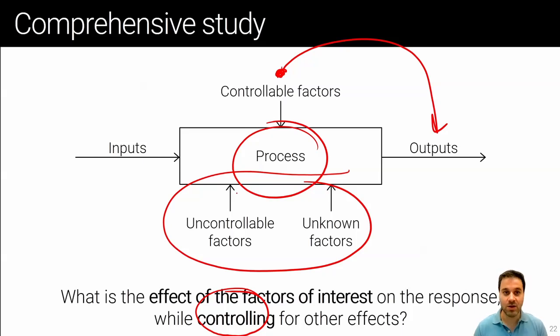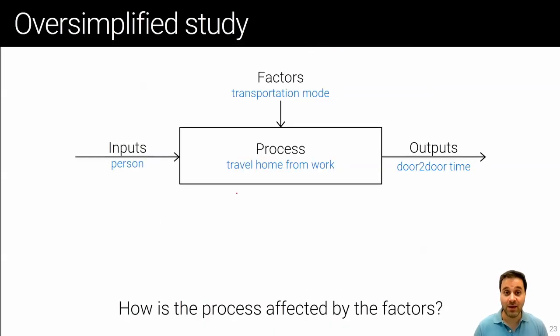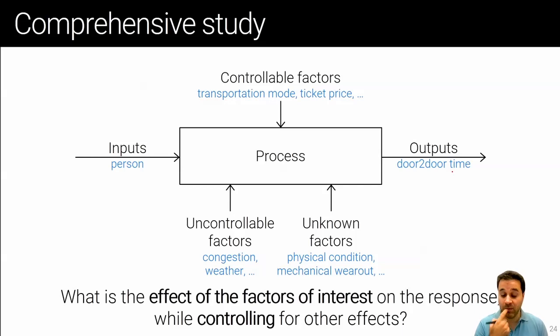Let's see more examples. In this oversimplified study in which we wanted to look at the door-to-door time of people traveling home from work, we were just interested in the effect of the different transportation modes. But if we think about it, there's plenty of other things that could affect the response, right? For example, it could be the ticket price. It could be uncontrollable factors such as the congestion of the roads, the weather. Maybe if it's raining, people don't take the bike.